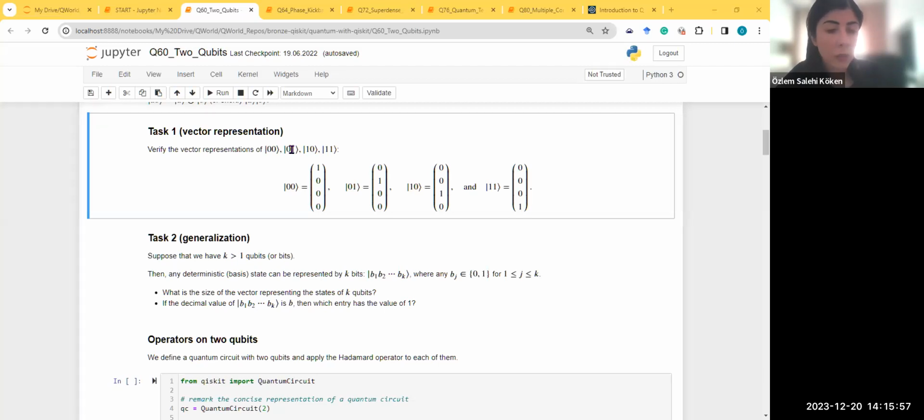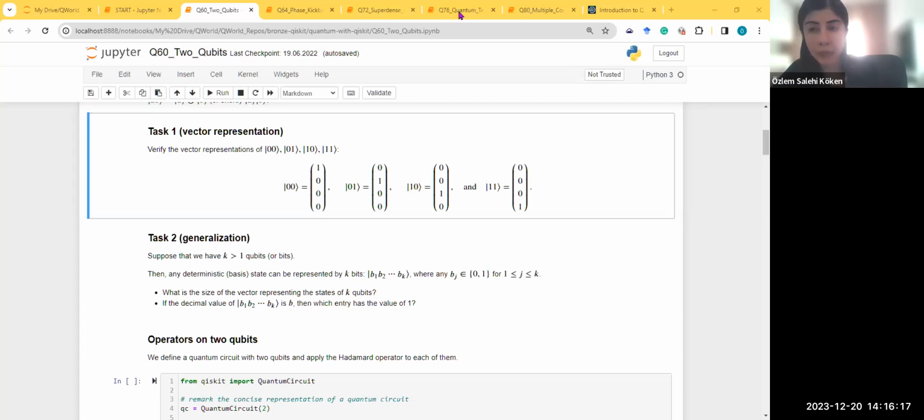There are some answers: 2 to the k, 2 to the n, same. And how can we see this? When you have 2 qubits, you have 4 different basis states: 00, 01, 10, and 11.